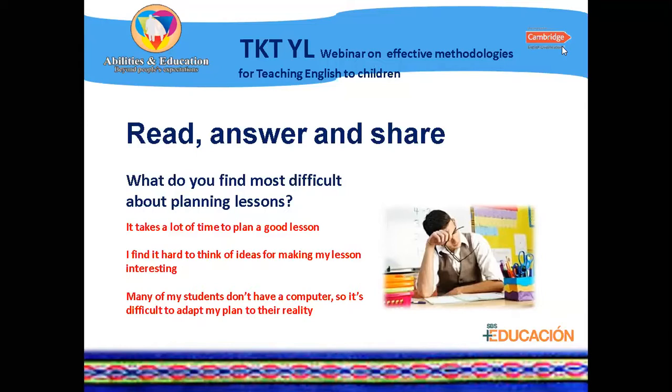Can you please tell me? Do you feel like one of the options here describes you? Yes, like the second one. Sometimes we find it hard because we have to get some new ideas for every lesson.